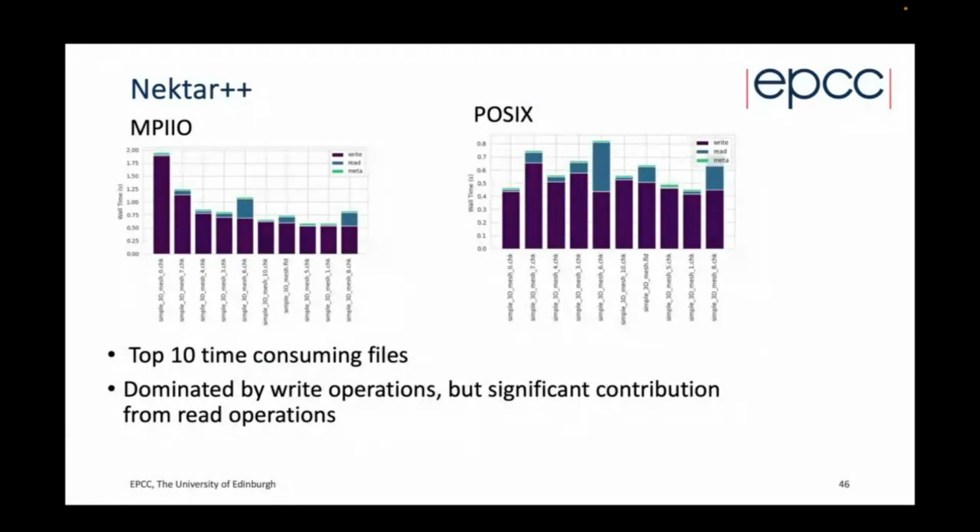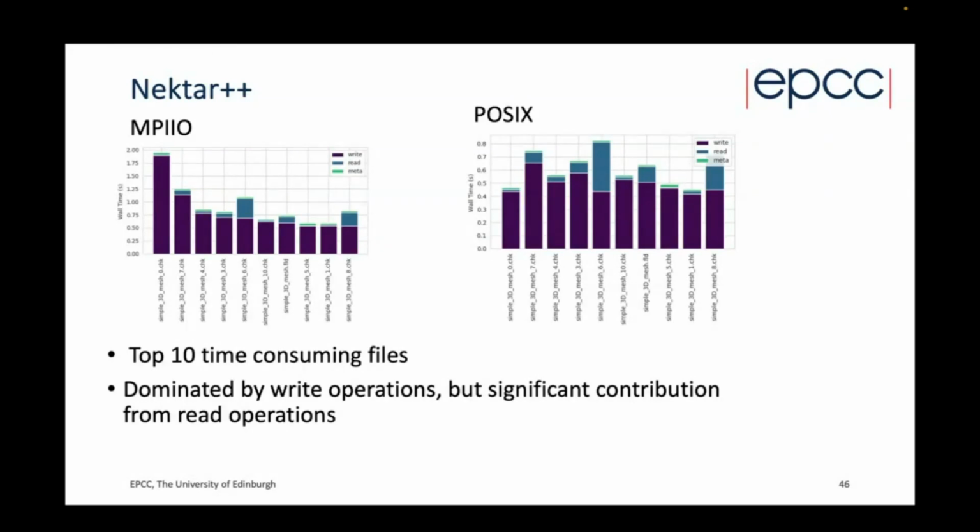So we can look at the Darshan output and see which files are occupying more time. And unsurprisingly, these seem to be checkpoint files. So files that the application saves containing all the information about the field at that instant in the simulation. So most of it is due to write operations, which is what you would expect.